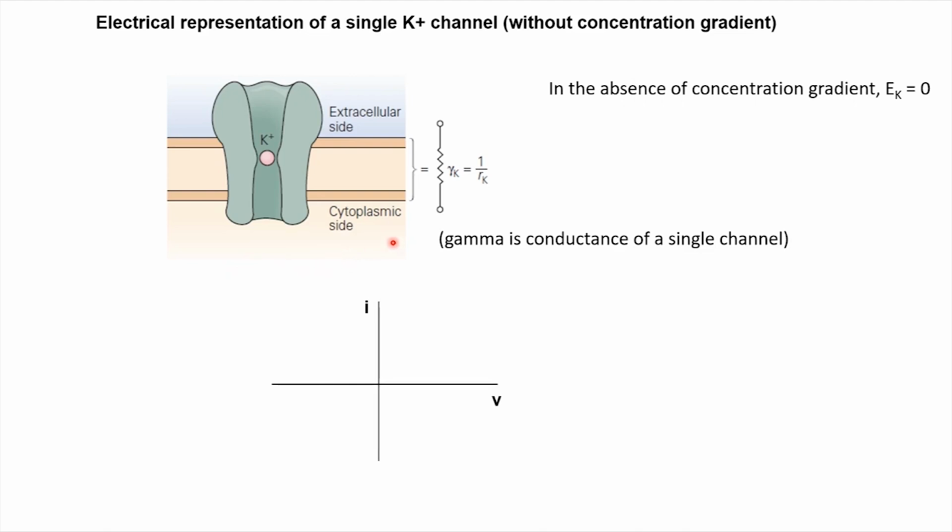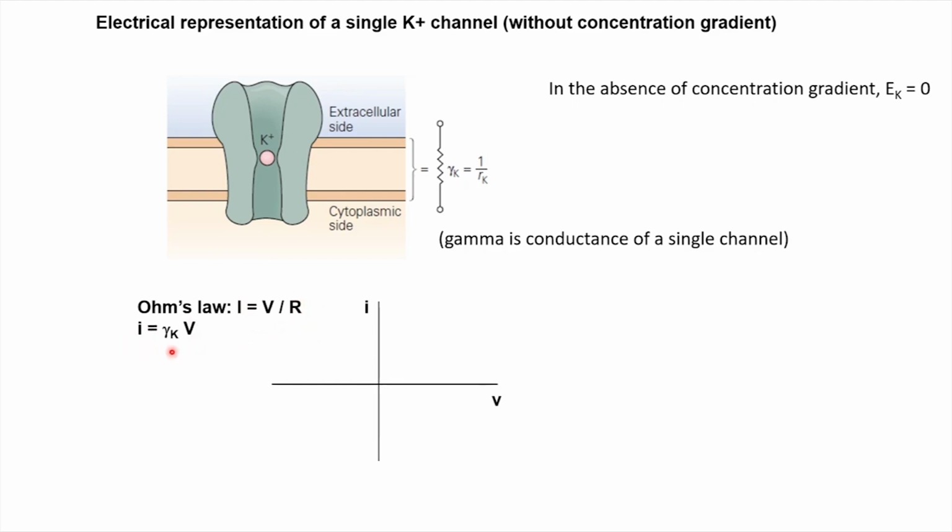And if V is large, then the current will be large, and if V is small, then the current will be small. So the magnitude of current is directly proportional to the voltage that is generated inside the neuron. And the exact value of current is basically V over R, or we can write V times gamma k, which is the same thing. 1 over R is the conductance.